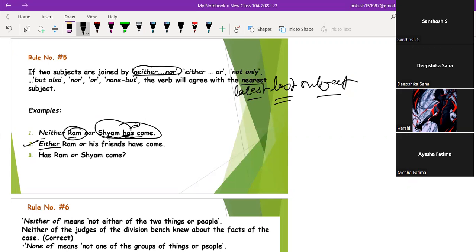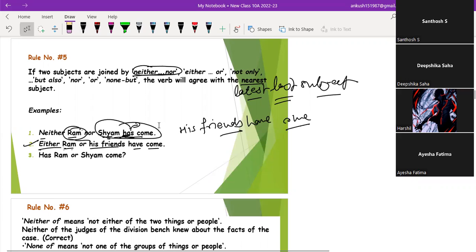You will find a fine example in the second sentence. Here: either Ram or his friends have come. Now see, the verb agrees with the plural subject, his friends, because friends is plural. Have come. Ram is not considered singular here, but combined it is considered plural. Have you got the point? Yes, sir. So which words are those?